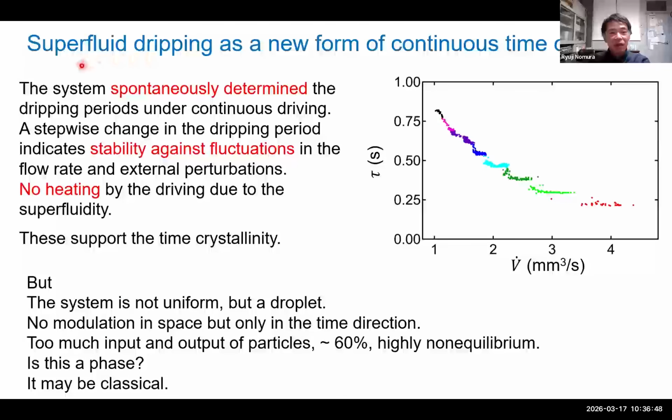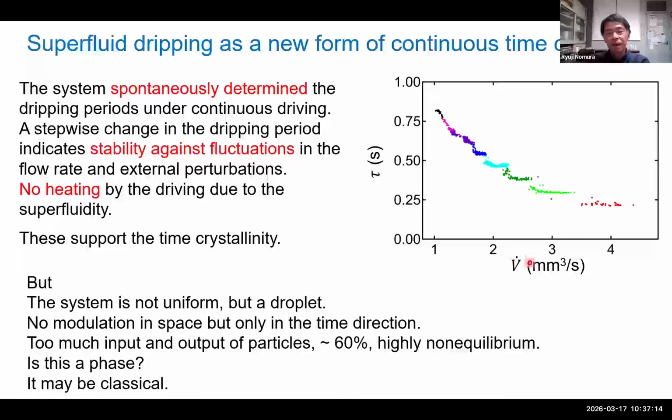And my question is, can we regard this kind of regular superfluid dripping as a new form of continuous time crystal or not? Obviously, the system spontaneously determines the dripping period without fine-tuning from the outside under the continuous driving. In this case, driving of the dripping is the input of the flow.